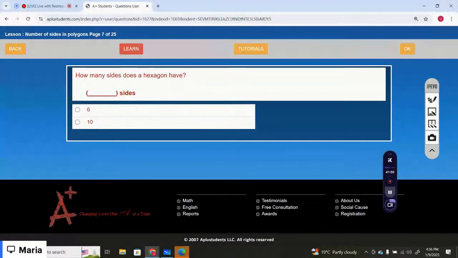How many sides does a hexagon have? Six sides.